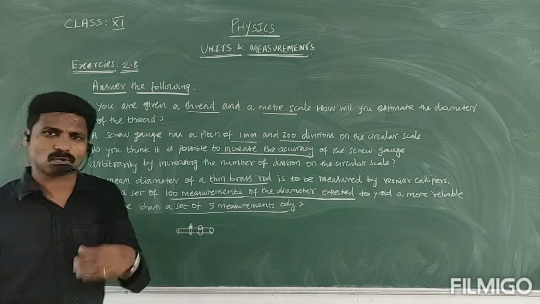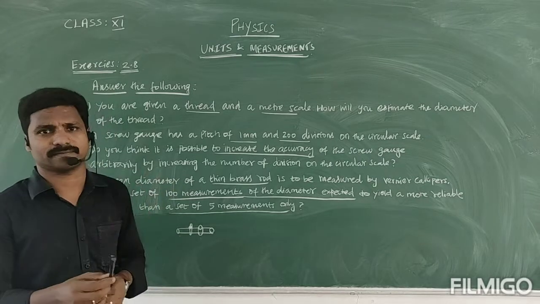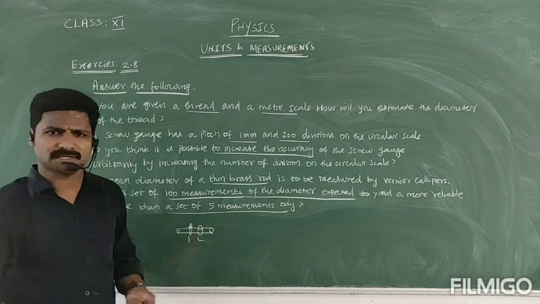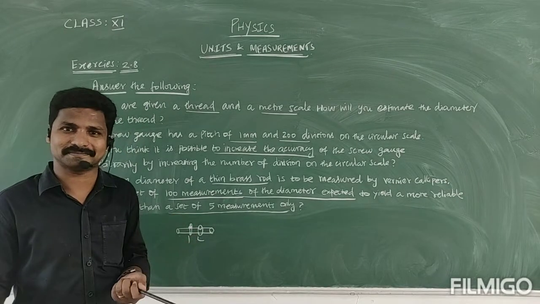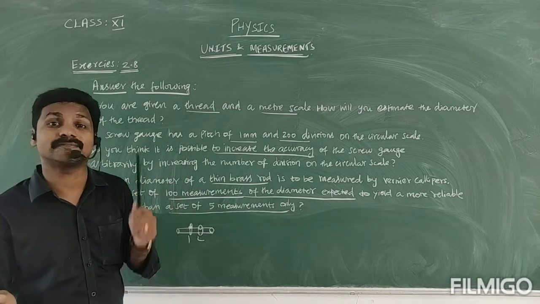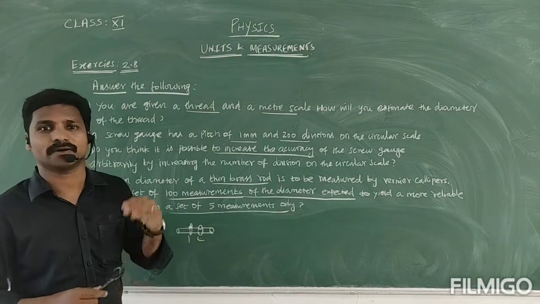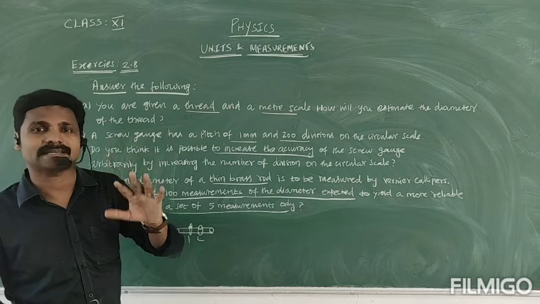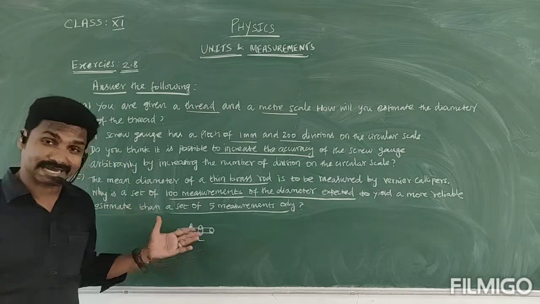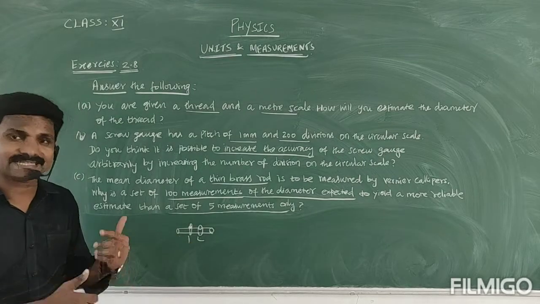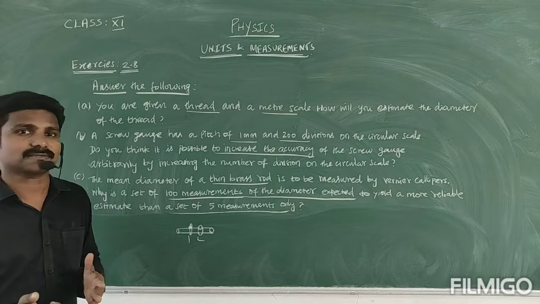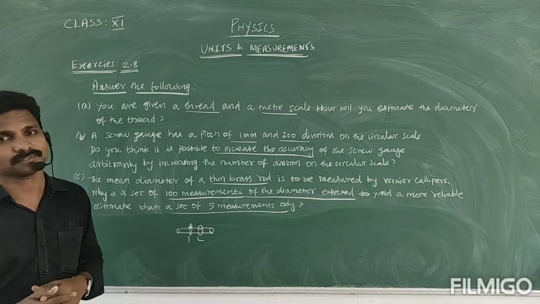Suppose I take only 3 readings, only 4 readings, maybe a first reading, a second reading, then how can we get an accurate value? Practically, if you take more readings, due to that random error, the positive and negative will cancel each other, so we can get a more accurate value.